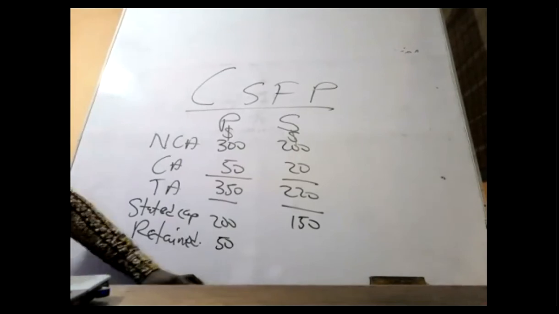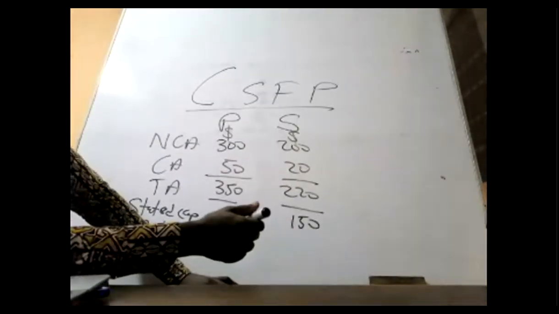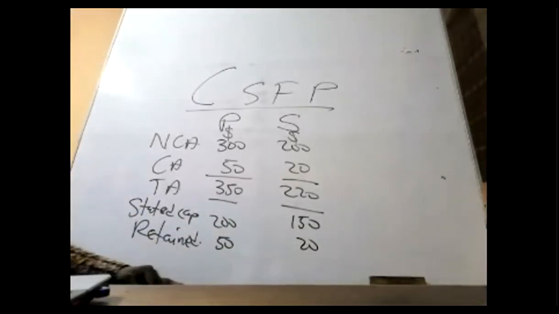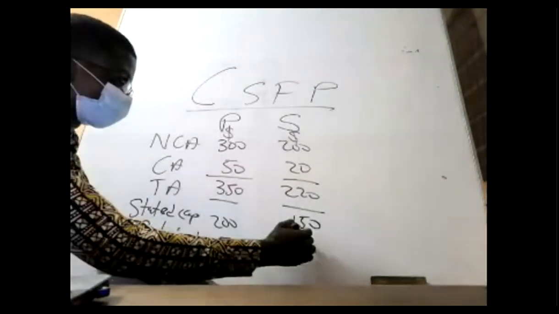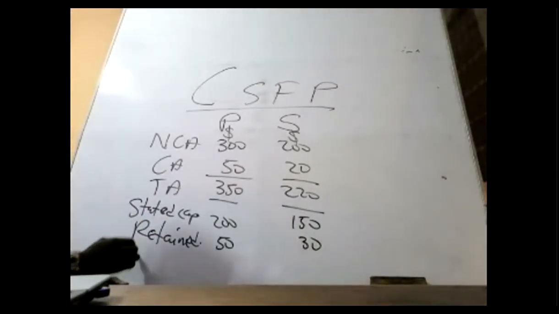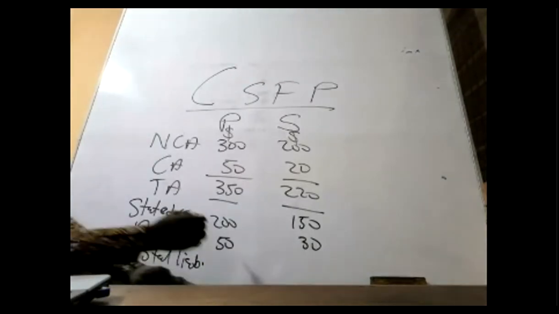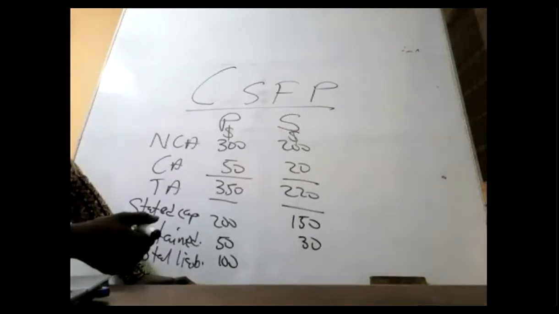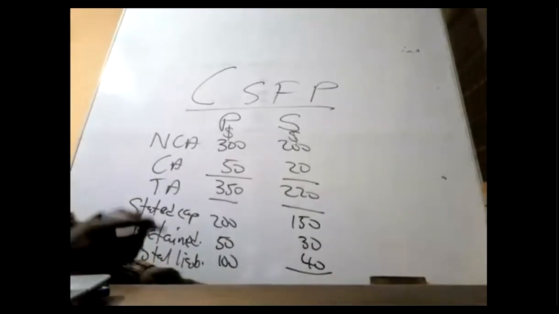But this guy's retained earnings is just 20. Let me see where's the case. It's just 30. Okay, so non-current liability or total liability. Total liability. This one happens to be 100. And then this one happens to be 40. Now it has balanced nicely.